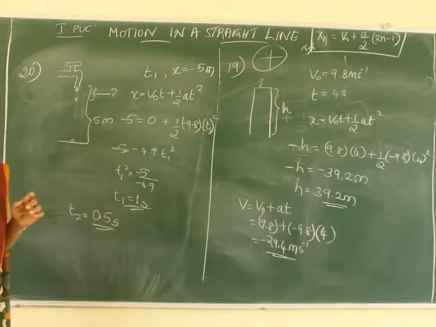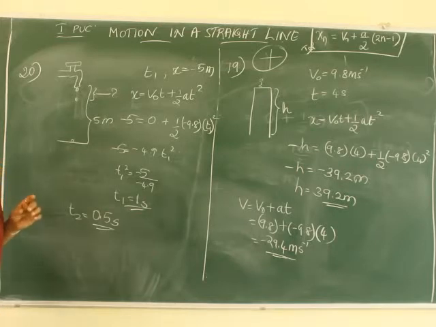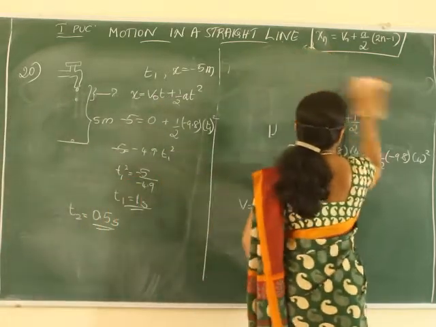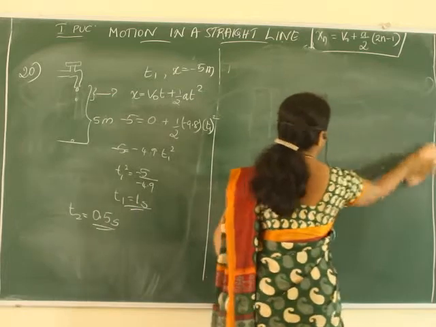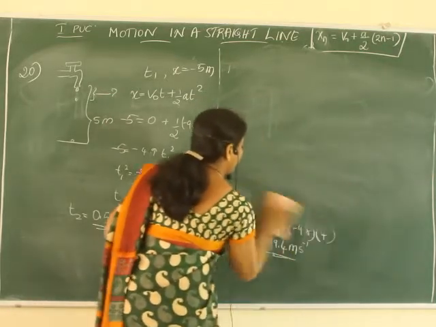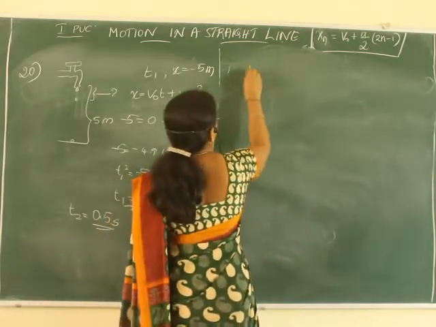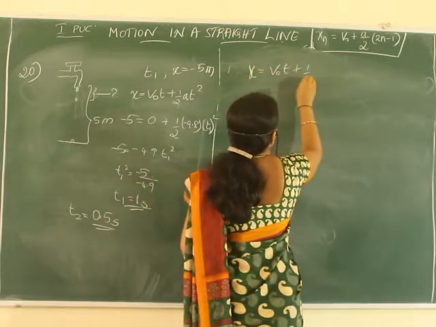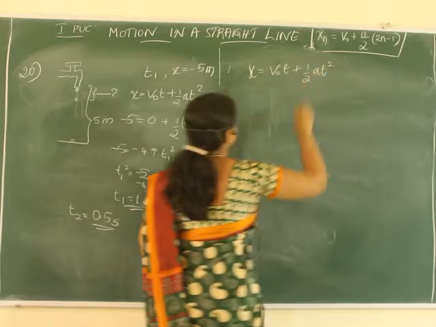So the distance traveled by the second drop during this time interval is given by, we will use the same formula, X is equal to V naught T plus half A T square.